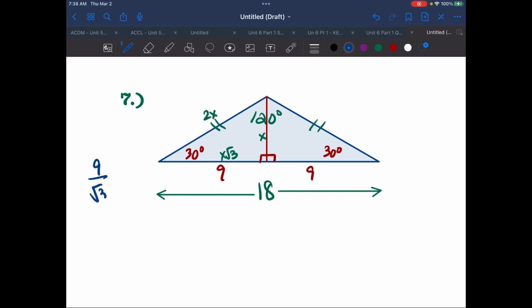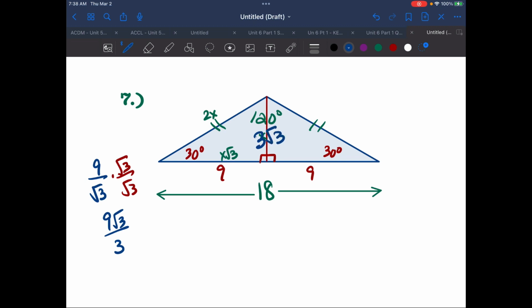So hopefully you're recognizing right away that I have to rationalize. The bottom is radical 3, so that's what I'm multiplying by. That gives me 9 radical 3 over 3, but I can divide that. So that's going to be nice. I'm going to get 3 radical 3 as my height.